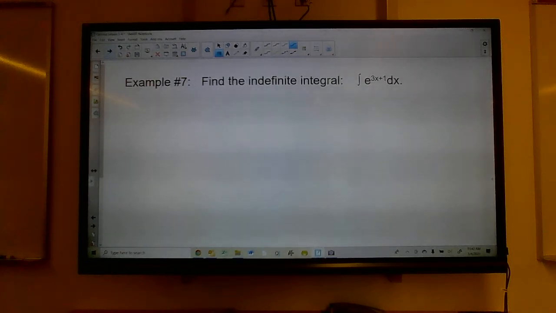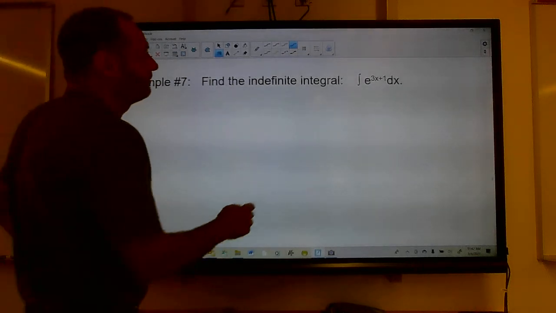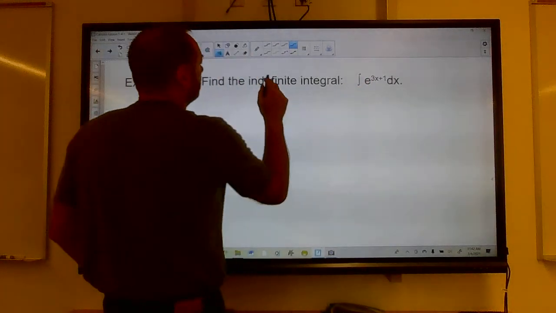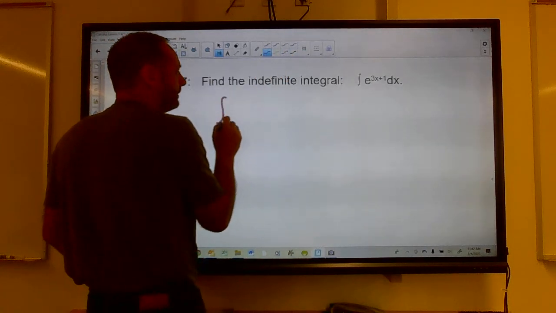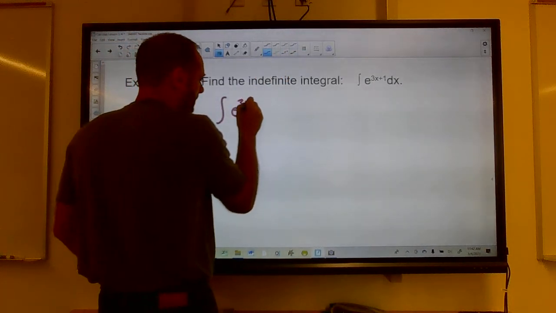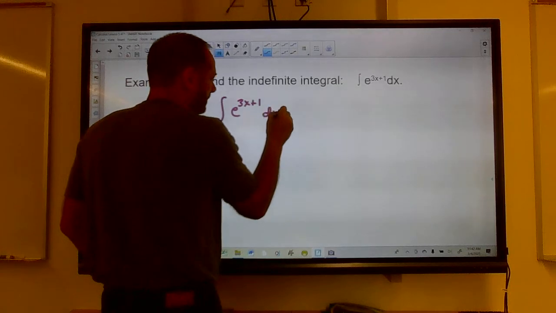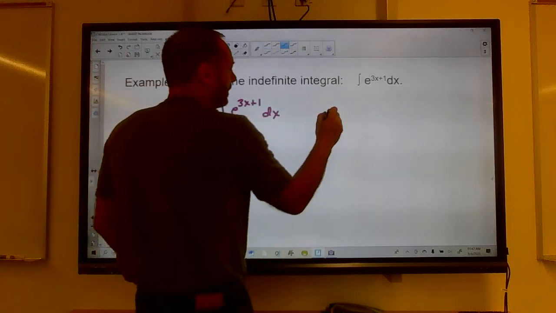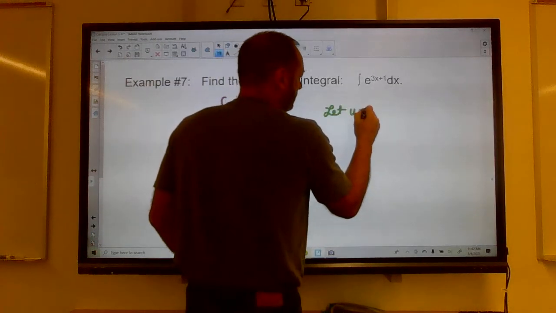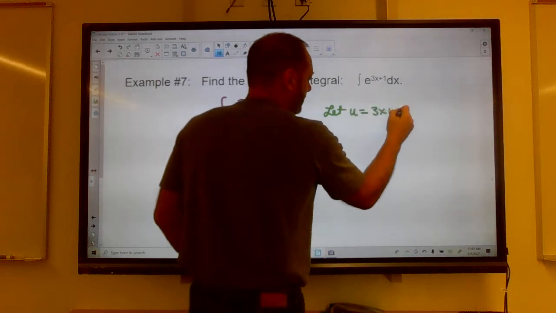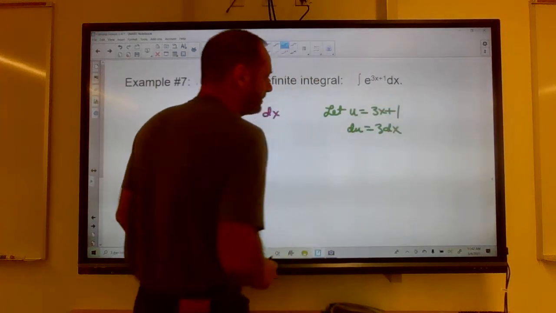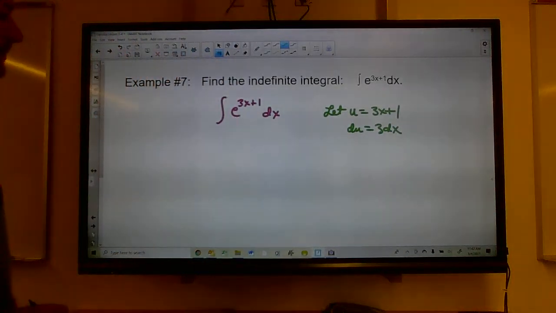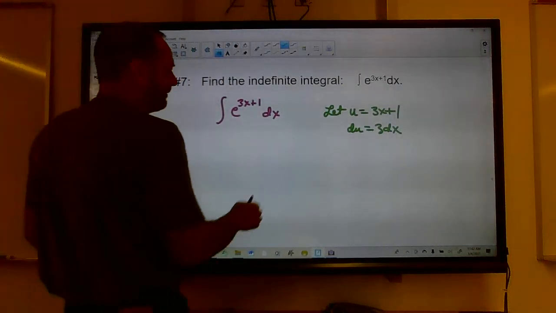Okay, so here's what we're going to do. We've got a function inside a function here. So let's go ahead and rewrite it first. We're going to let u equal 3x plus 1, and then du is going to be 3dx. Okay, so I've got a dx.